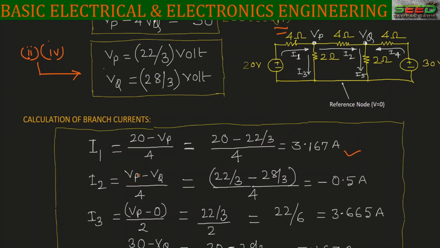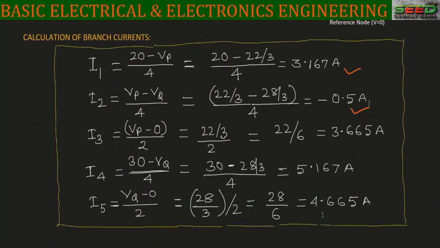So we just need to replace the Vp value and Vq value to calculate the current I2. So I2 is minus 0.5 ampere. In the same way, all the currents, that is I3, I4 and I5, can be calculated. So thank you very much for listening.